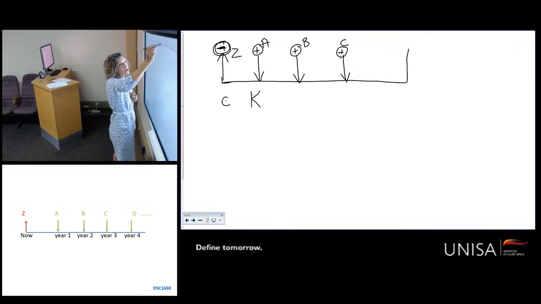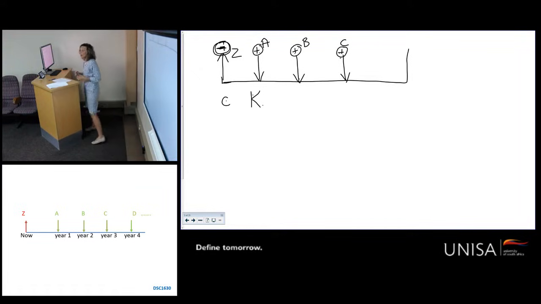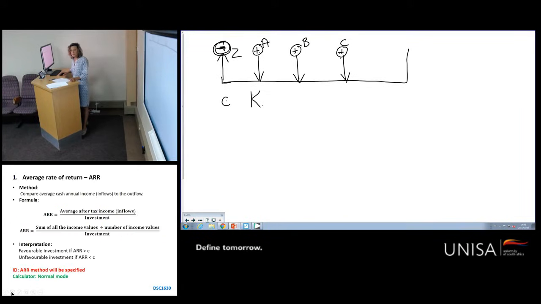It can be in equal time intervals, or it can skip a year, maybe the first year, and then only in the third and the fourth year you will have another inflow of money into the company. So very important again is to draw your timeline, just like with all the previous examples.